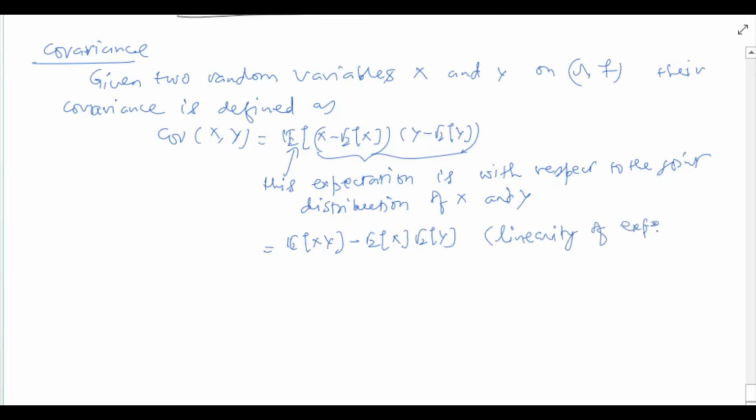As above, the first expectation here is taken using the joint distribution of X and Y.